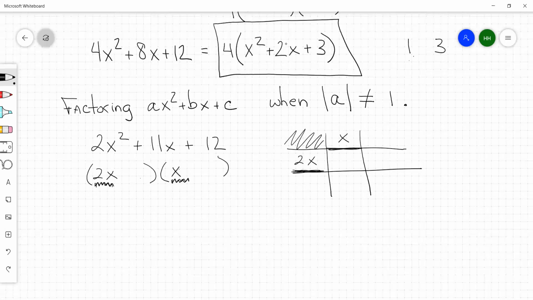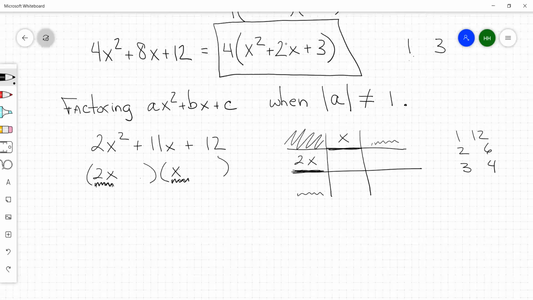Now, here's where the fun begins. What goes here and here are the factors of the 12. Okay? So this is where you start with trial and error. Factors of 12. You got 1 and 12, you got 2 and 6, you got 3 and 4.